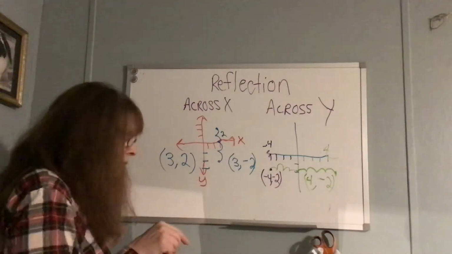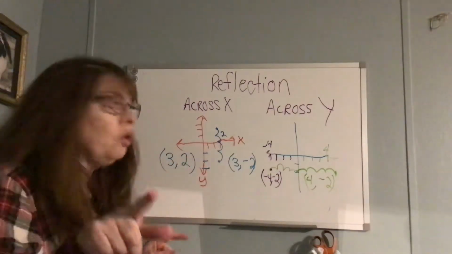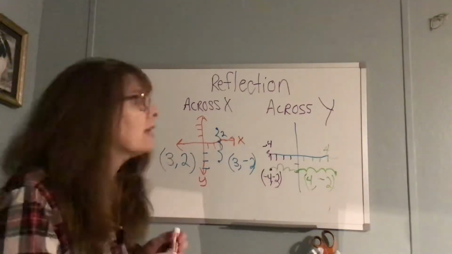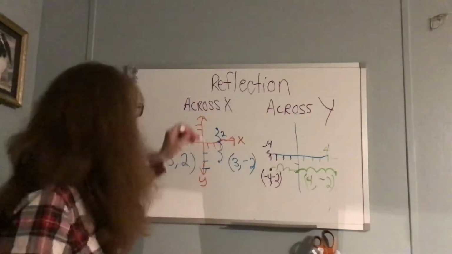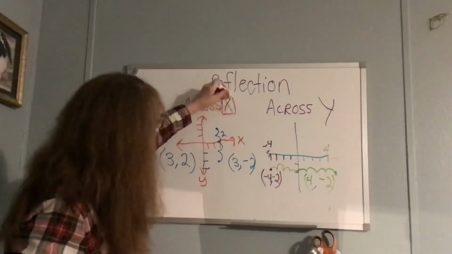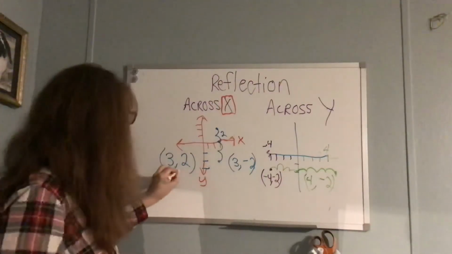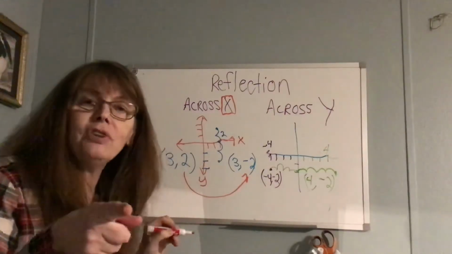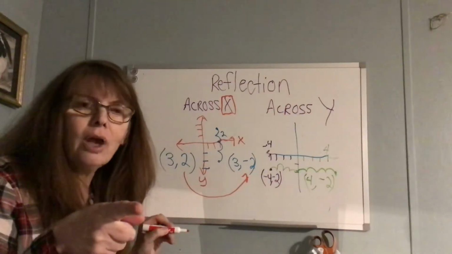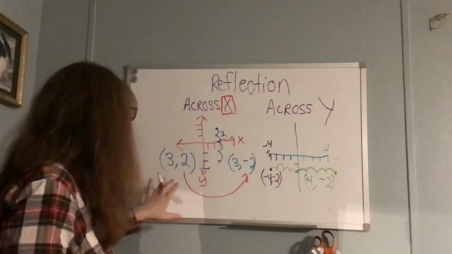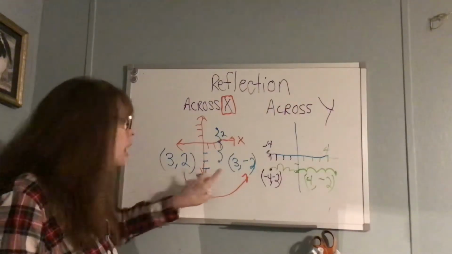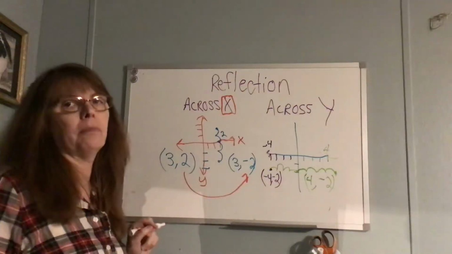Okay, so when you want to reflect something, a point across the x-axis, it's kind of like backwards day, isn't it, Carter? You're right, you saw it. When you moved this way and you went from positive to negative, all you did was take the y-coordinate and do the opposite and leave the x the same.